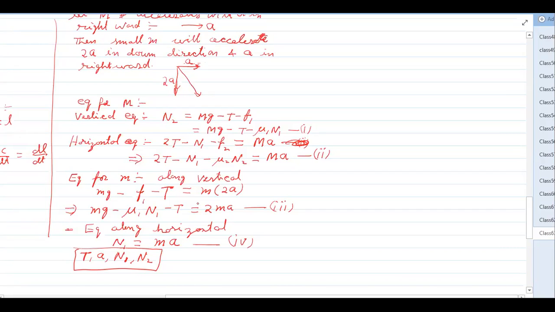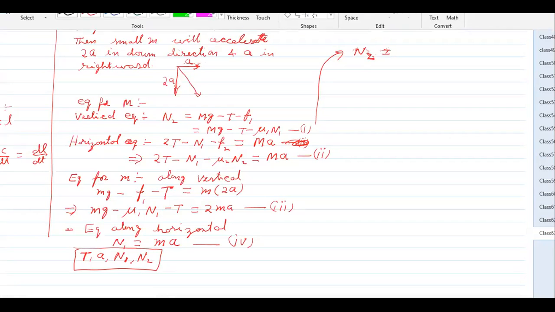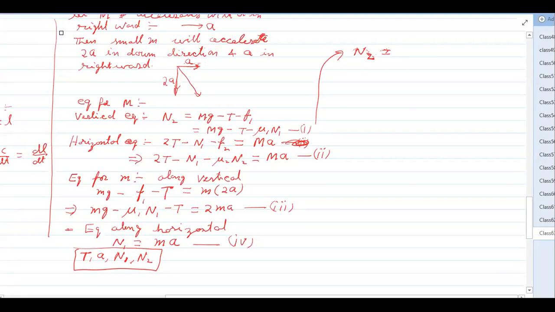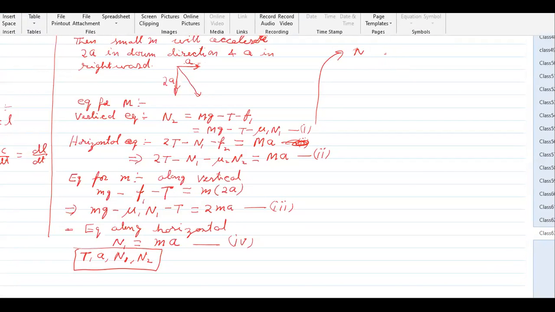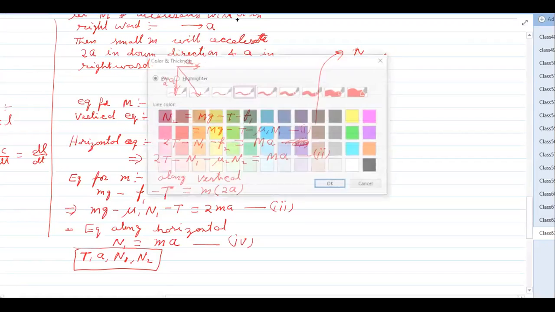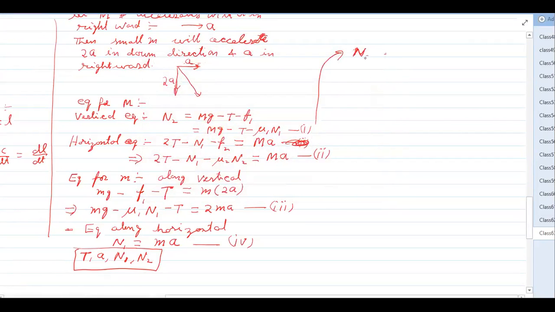If you replace N1 in the first equation, it will become N2 equal to capital Mg minus T minus ma.